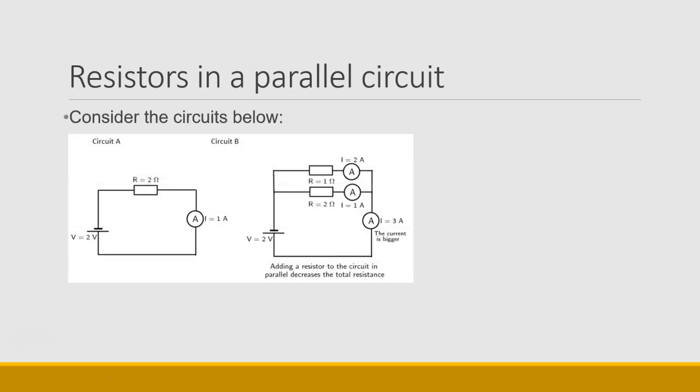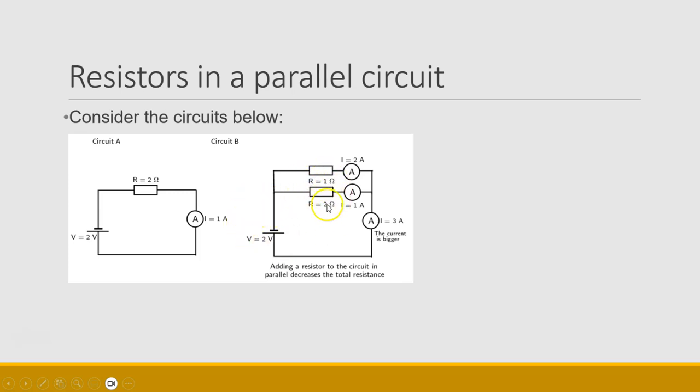Let's now demonstrate all those rules of parallel circuits by considering the circuits below. So we have circuit A and we have circuit B. Circuit A is identical to our previous circuit A, where we have a 2-volt cell, a 2 ohm resistor, and a 1 amp current. But then we also have circuit B, and in this case we have the same cell of 2 volts.